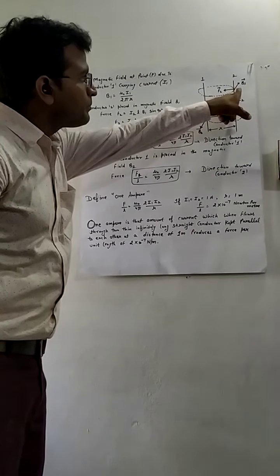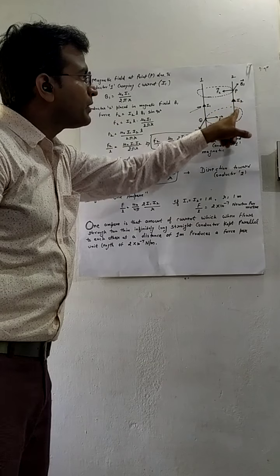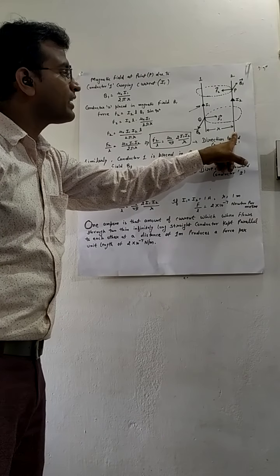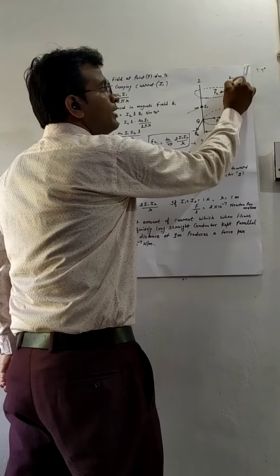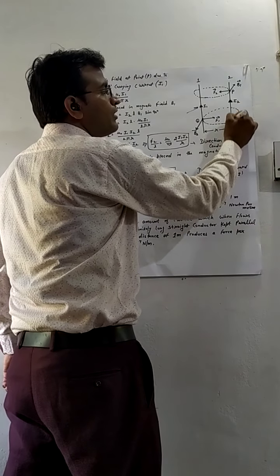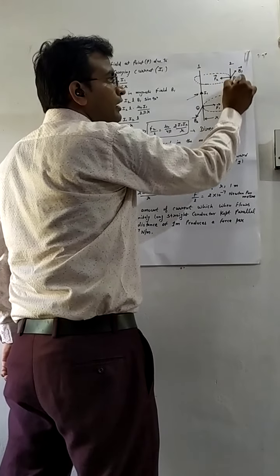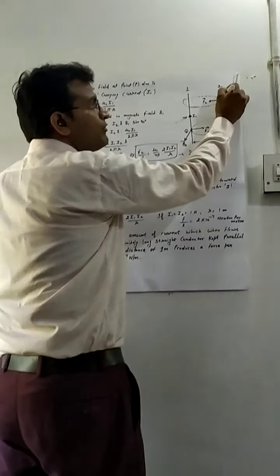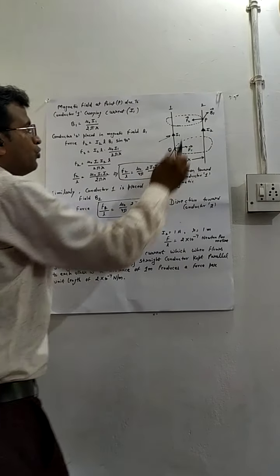Now let us see, the point P is placed on conductor 2. At point P, the magnetic field is B1 and the current flowing is I2.